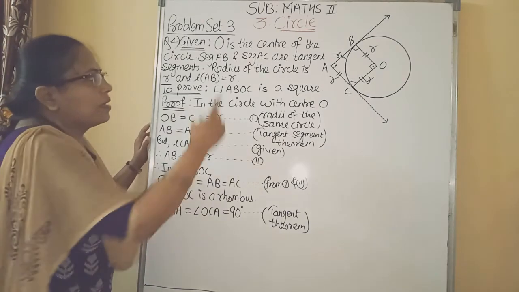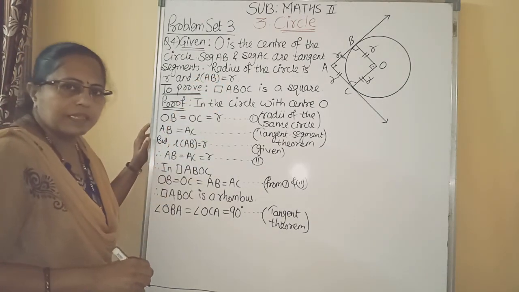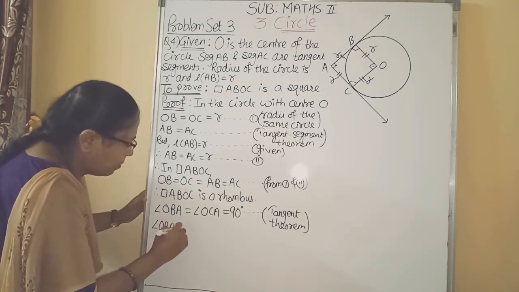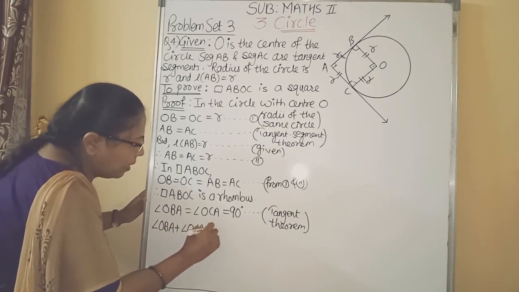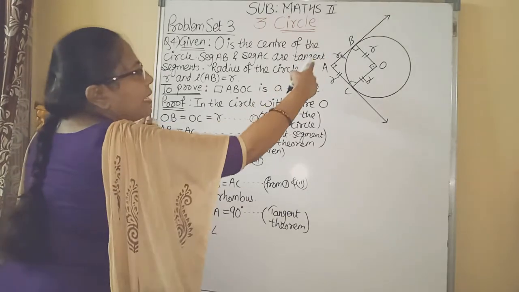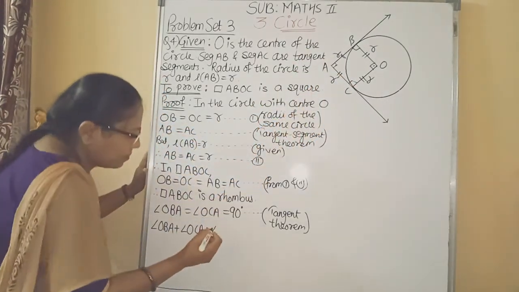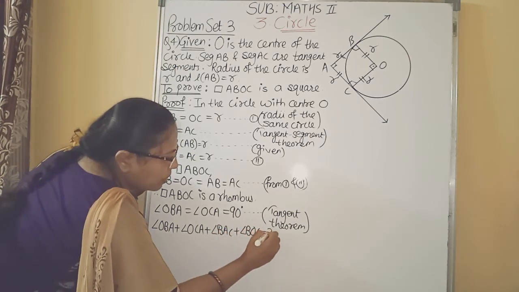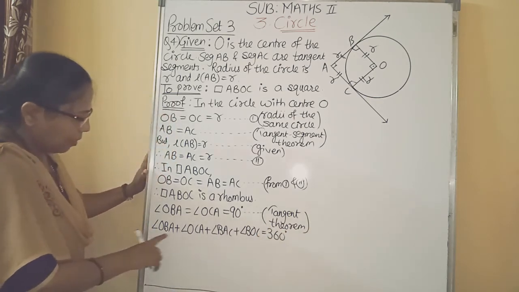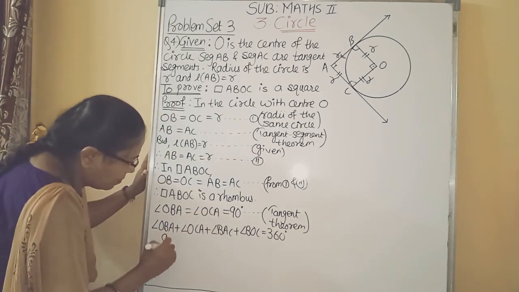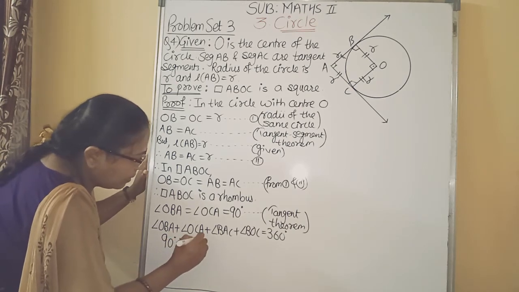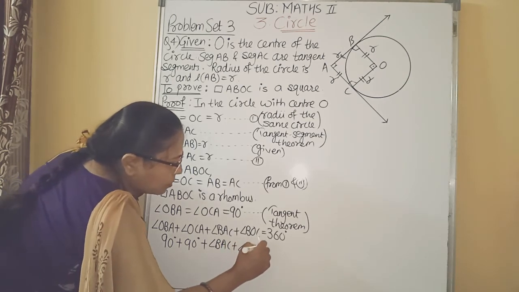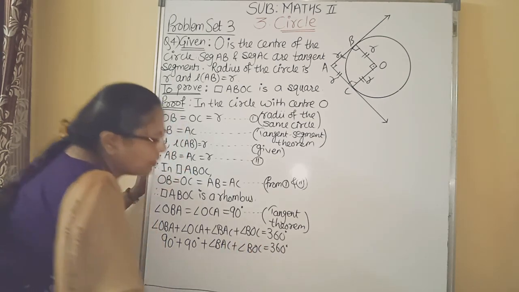Okay. Now the sum of all the 4 angles is 360 degrees. Angle OBA plus angle OCA plus angle BAC plus angle BOC is equal to 360 degrees. Now first 2 angles we got 90 degrees. 90 plus 90 plus angle BAC plus angle BOC is equal to 360 degrees.